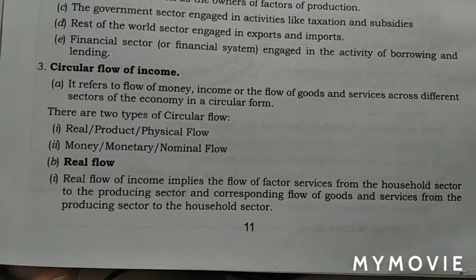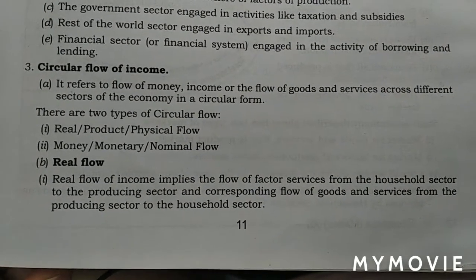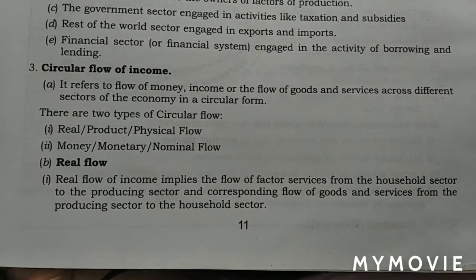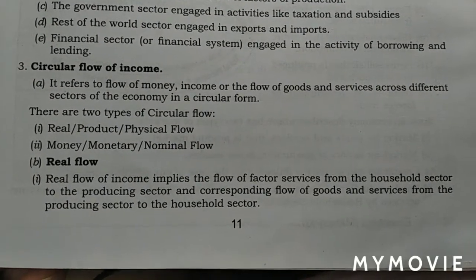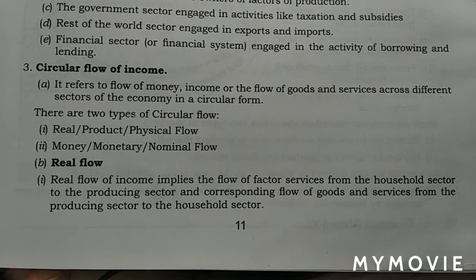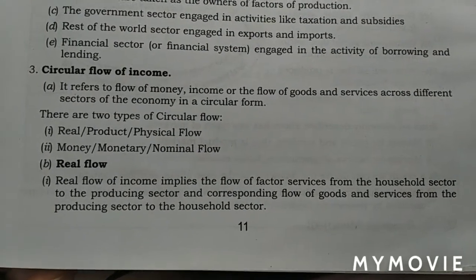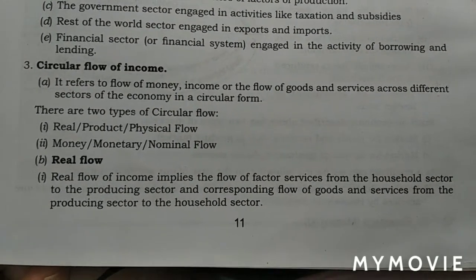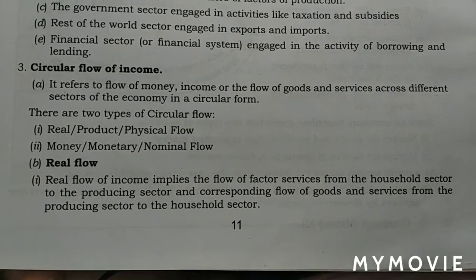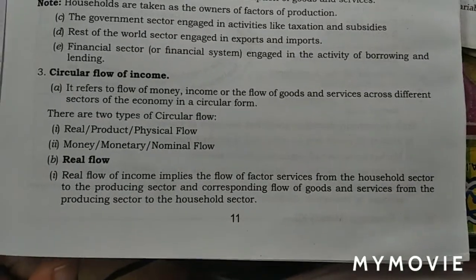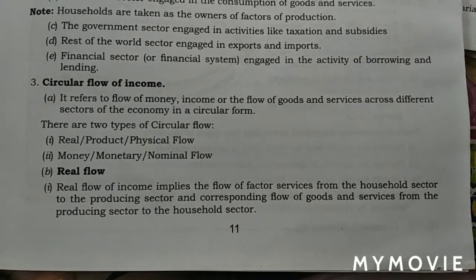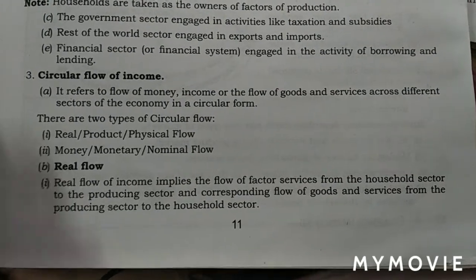Real flow implies flow of factor services from household sector to the producing sector, which I earlier called firms, and corresponding flow of goods and services from the producing sector to the household sector.